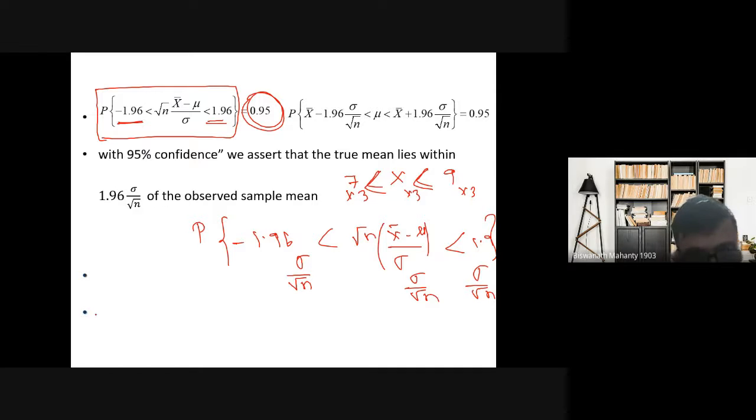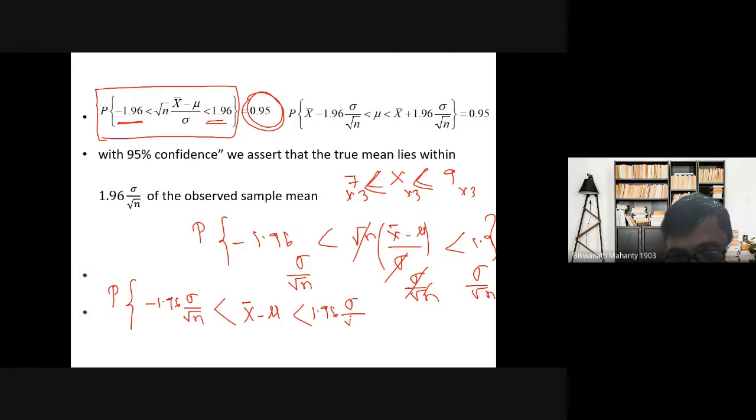So what will happen then? That means the probability will become minus 1.96 sigma by root n, less than, this will cancel, it is becoming x bar minus mu, less than 1.96 sigma by root n. Just rearrangement. Now what will I do? I can make one small change here.